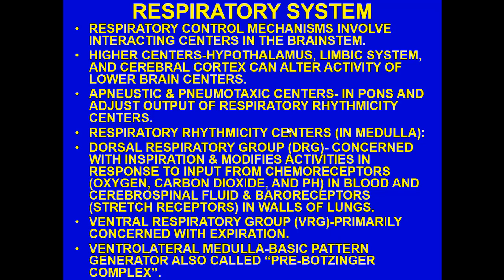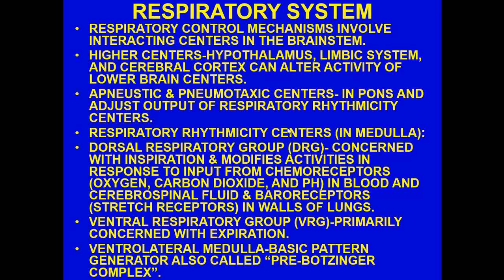Okay. The dorsal respiratory group, DRG, is concerned with inspiration and modifies activities in response to input from chemoreceptors, which monitor oxygen, carbon dioxide, and pH in the blood and cerebrospinal fluid, as well as baroreceptors.